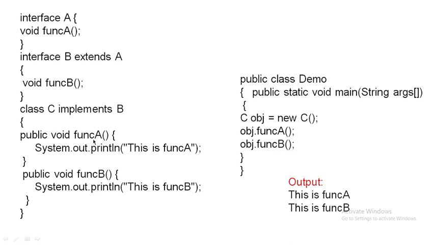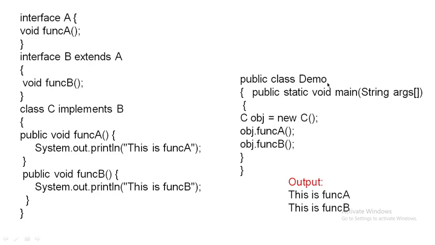Now, public void functionA() is the method available inside interface A, and functionB() is the method available inside interface B. I am going to implement these methods here: public void functionA() and public void functionB().